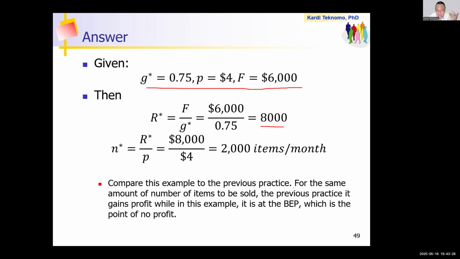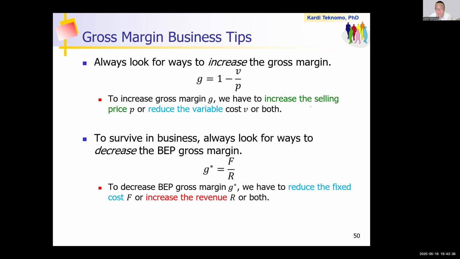So in that case, what kind of lesson can we gain from all of these simple formulas? We have these two formulas here: the gross margin and the gross margin at BEP. The one with the star is the gross margin at BEP. Of course, you want to increase the gross margin.